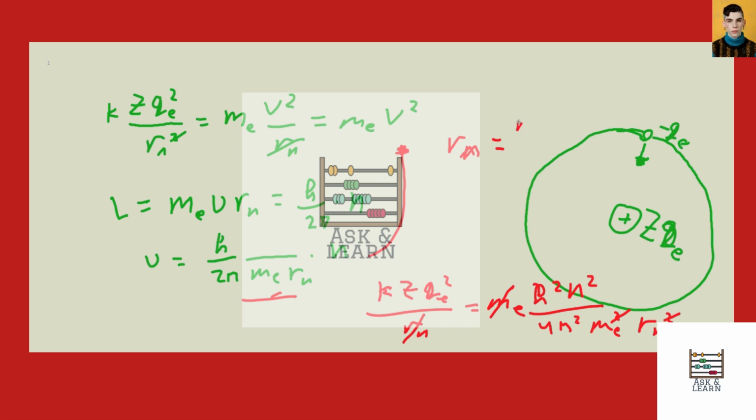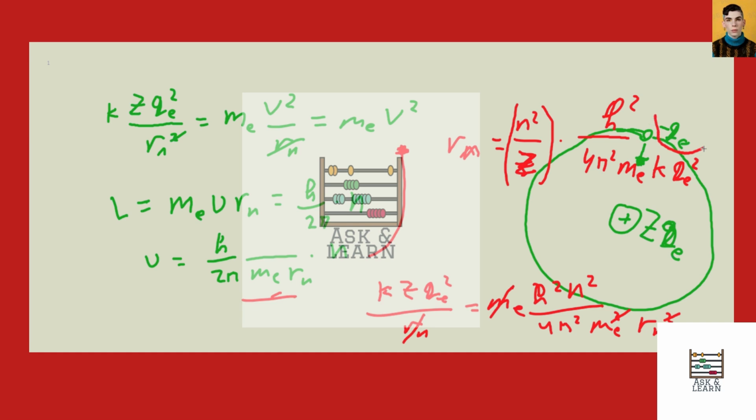n squared over Z, and the remaining term is h squared over 4 pi squared m_e k Qe squared.